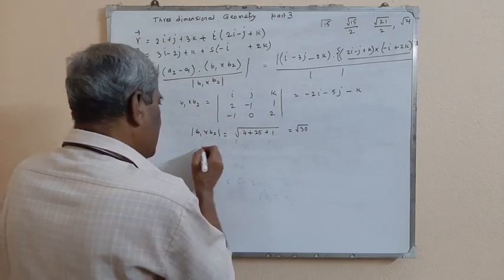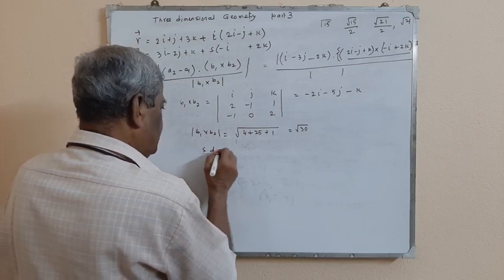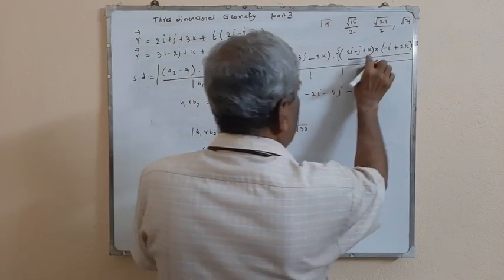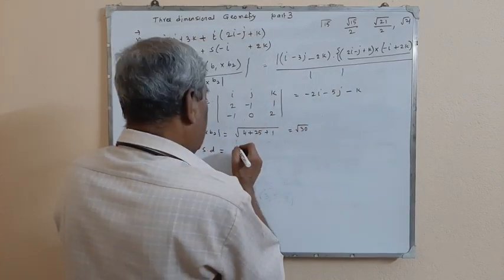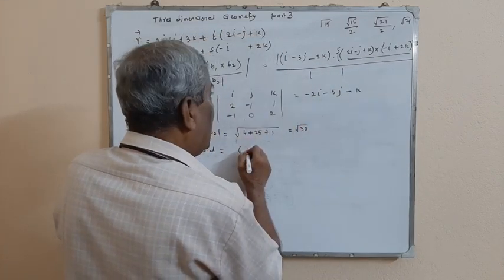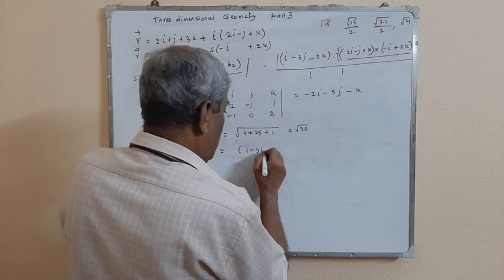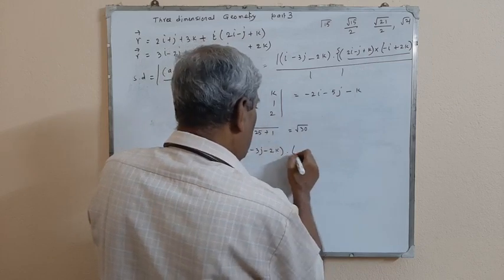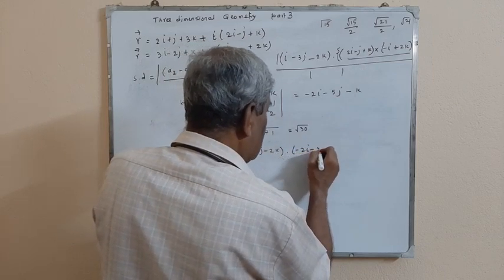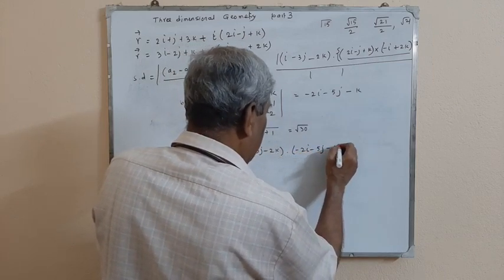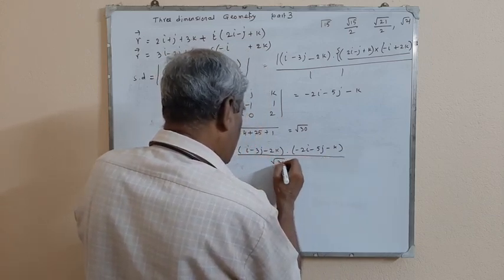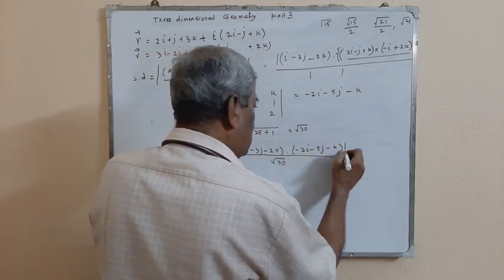So the shortest distance is equal to this dot that. That is, it is equal to (i minus 3j minus 2k) dot (minus 2i minus 5j minus k) divided by root 30, its modulus value.